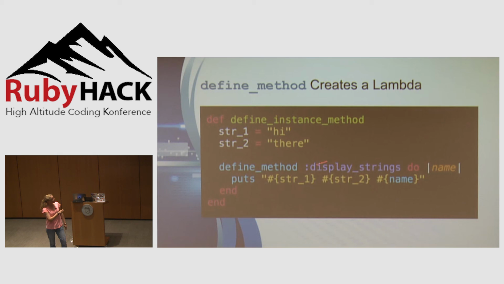But because this instance method has been created to be a lambda, we now know that there's a copy of the stack frame that has been created on the heap, and hence this instance method will be able to find string 1 and string 2 long after define instance method has exited. And that's quite a good thing, because instance methods do tend to stick around for the duration of our programs.